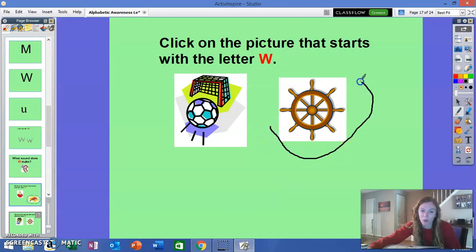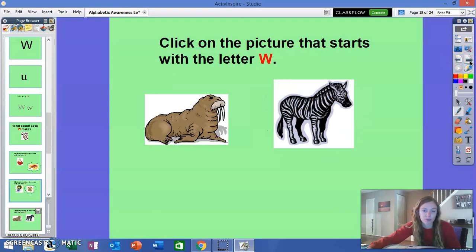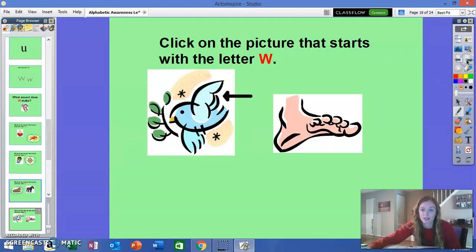Awesome job. Wheel starts with w. Let's look at our next two pictures. We have a zebra and a walrus. Zebra, walrus. Point to the one where you hear w. Right, a walrus starts with the letter W. W, walrus.